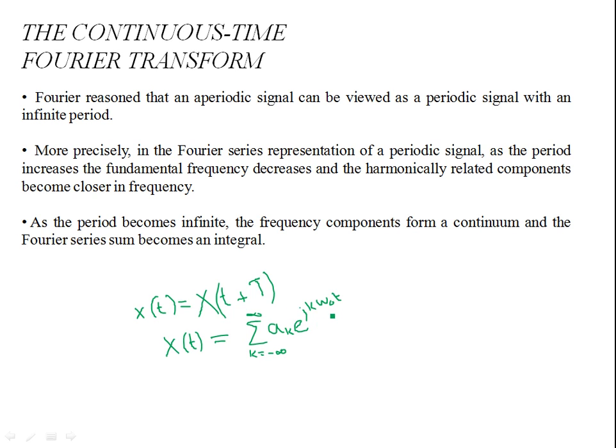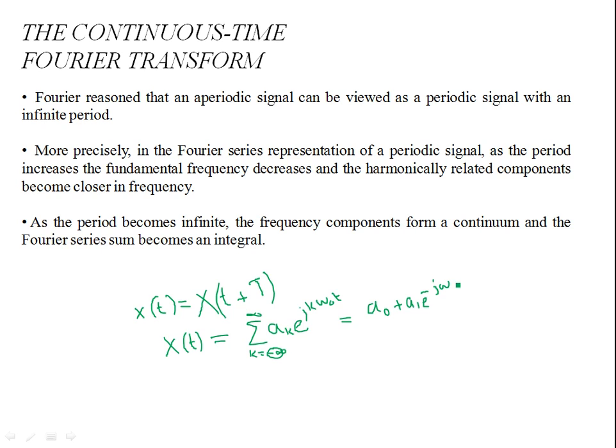If you expand this for a few terms, let's suppose for simplicity k starts at 0 and goes to infinity. Then the first term is a DC term, a0, plus a1 e^(-j omega naught t).